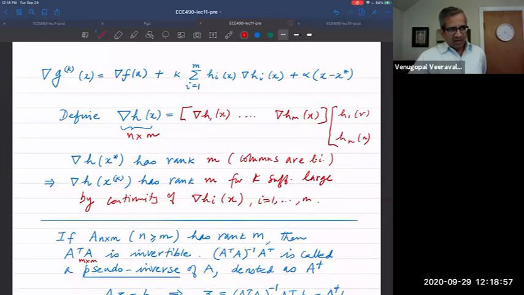So you should always be able to find some delta small enough such that the gradient of the hi's at xk is within a delta ball of the gradient of the hi's at x star for all i.